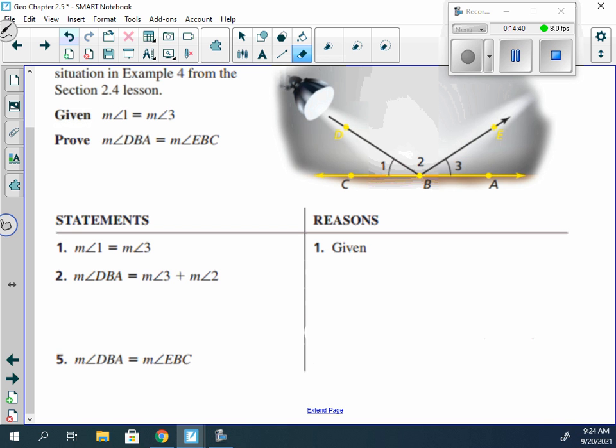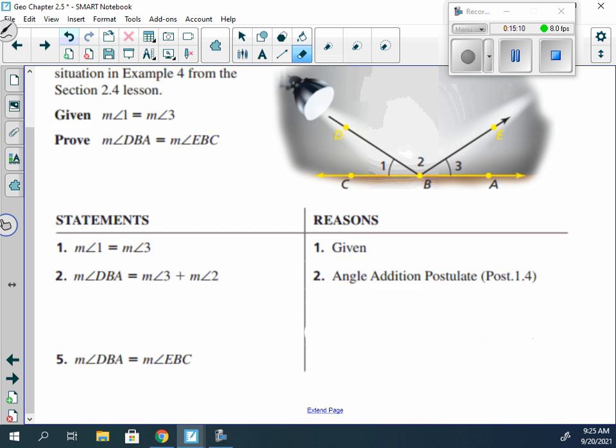Why can I say that the measure of angle DBA is equal to the measure of angle 3 plus the measure of angle 2? What postulate says I can do this? Angle addition postulate.